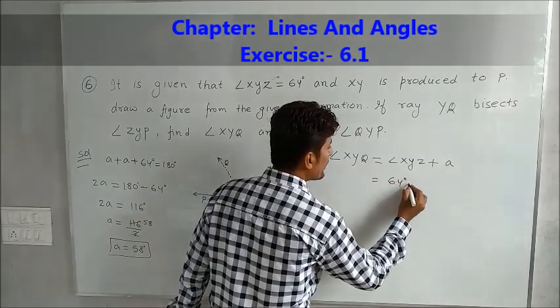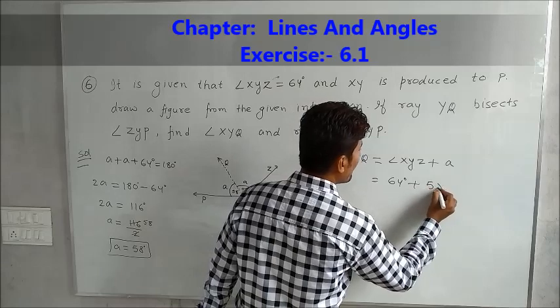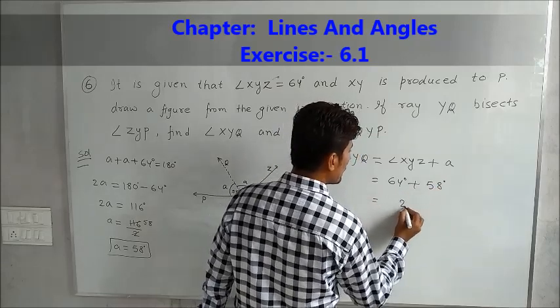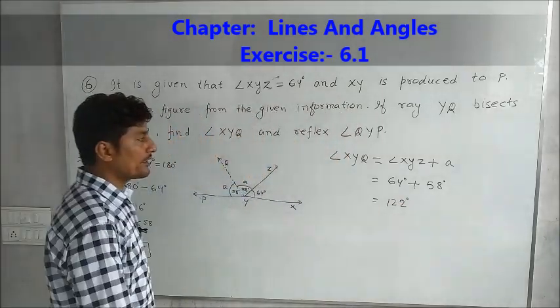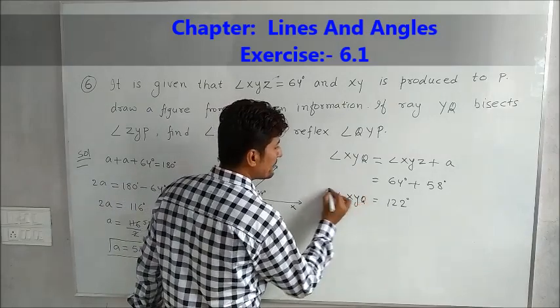We can write 64 degrees plus angle A. We got the measurement of angle A, so we can write 58 degrees. So finally we can write 122 degrees. This is the measurement of angle XYQ.